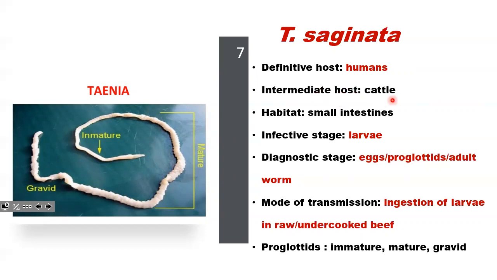The intermediate hosts are the livestock, in this case, the cattle. The adult worms are found in the small intestine, and the infective stage is the oncosphere, which is the larval stage. Now, I said diagnostic stages could be the eggs, the proglottids, or the adult worms, and we are going to discuss this in a moment.